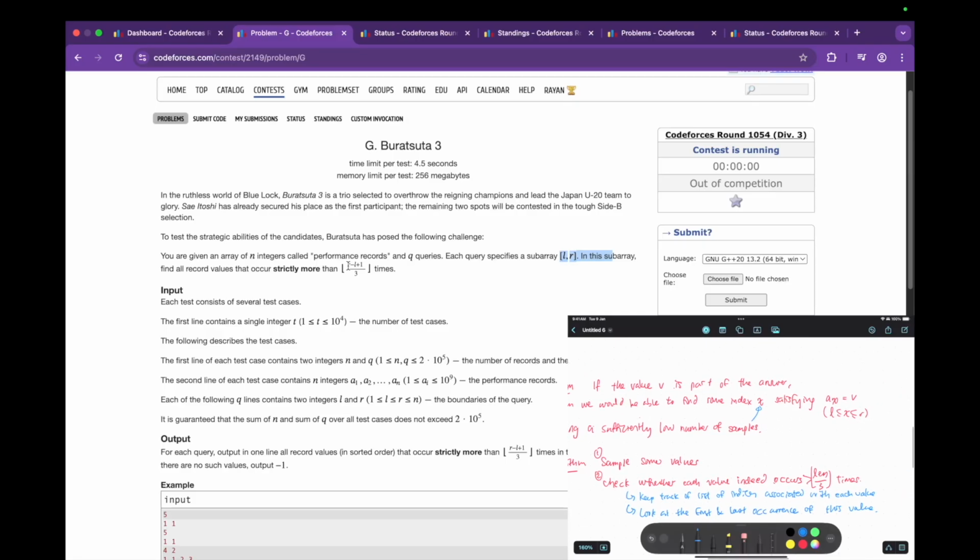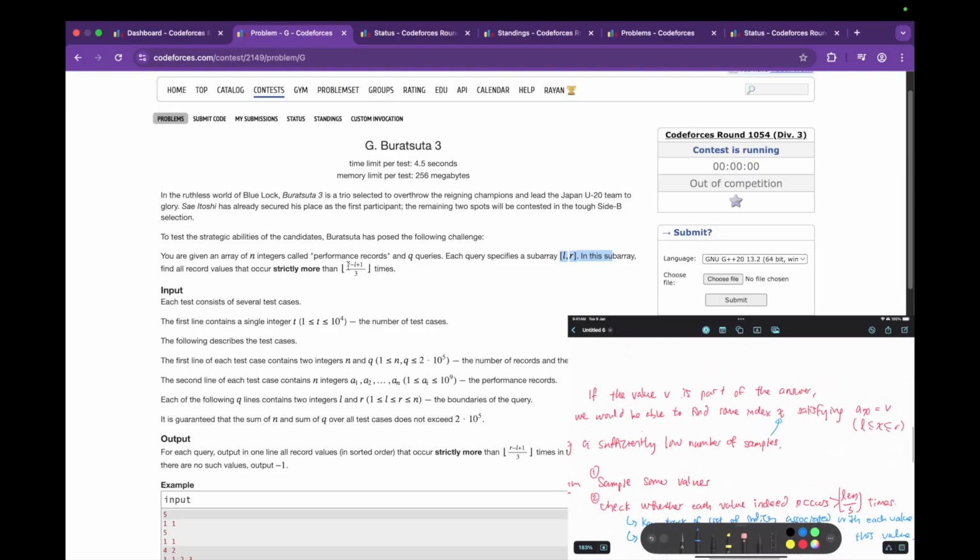So if the value v is part of the answer, and I do a total of c samples, then the probability of all the samples failing to find v is approximately two-thirds to the power c.